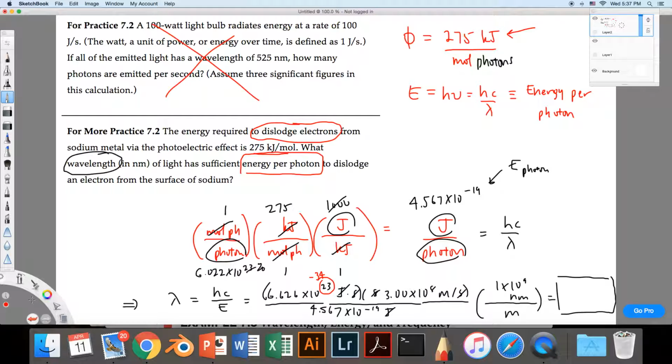If I'd have done my shortcut there, I would have seen that earlier. 6.626 times 10 to the minus 34 times 3 times 10 to the 8th times 1 times 10 to the 9th divided by 4.567 times 10 to the minus 19 gives 435.